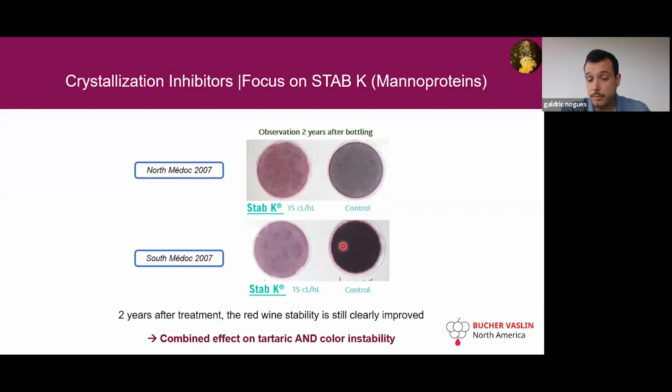In the case of the control, you have a lot of color present on the membrane, which means the color stability was not good for this one and for this one, and was much better for STAB-K in both cases. So there is really a strong combined effect between tartaric and color stability when it comes to the monoproteins.